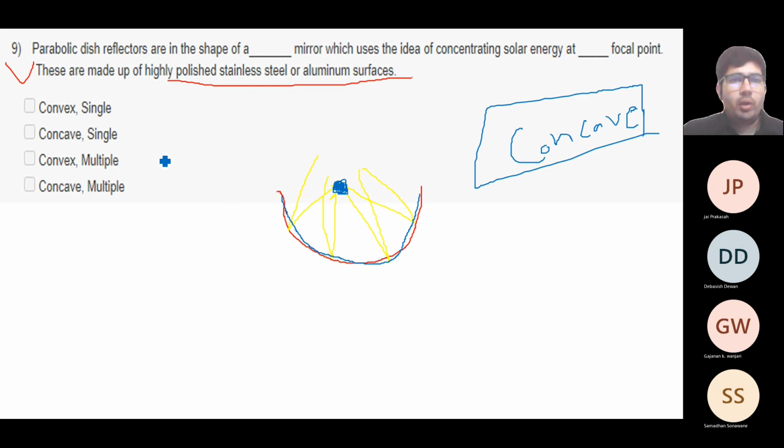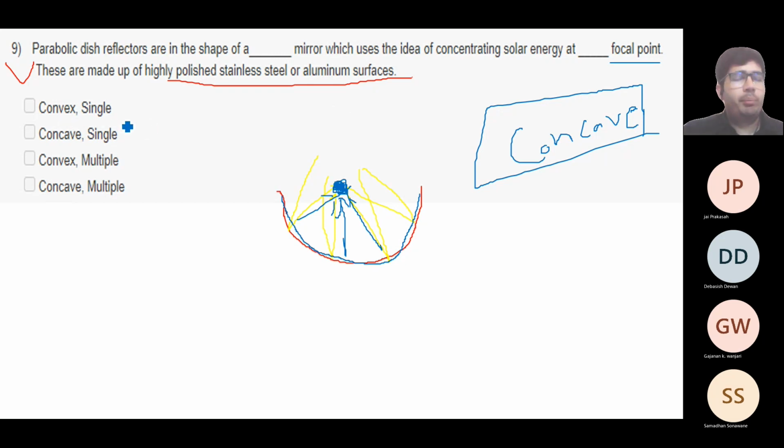So the correct option will be concave mirror, which uses the idea of concentrating solar energy at a single focal point, because we are focusing all the energy to a single focal point only. The parabolic disc reflectors are in the shape of a concave mirror, which uses the idea of concentrating solar energy at a single focal point.